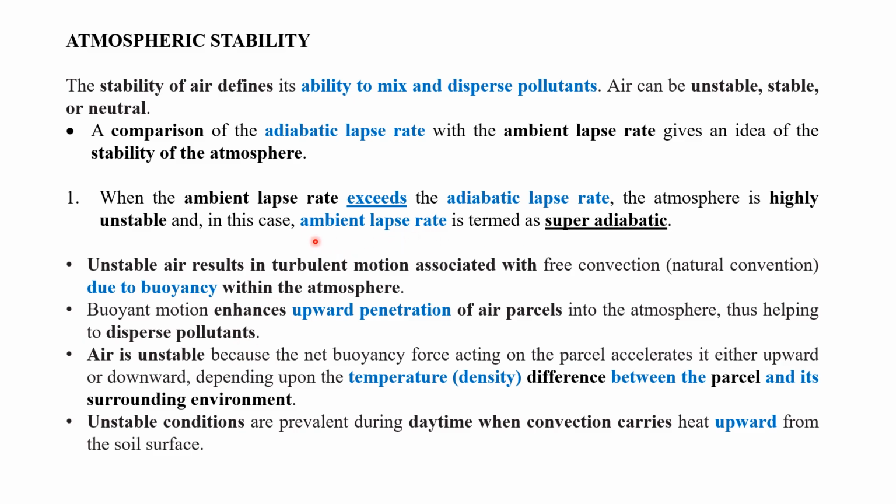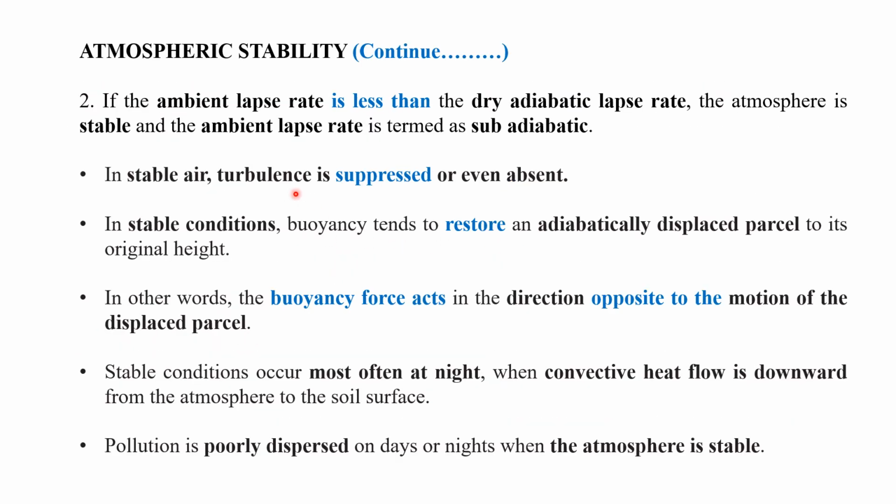Now we can see the next point under atmospheric stability: when the atmosphere is stable. The difference between the ambient lapse rate and the adiabatic lapse rate is the reason for the stability of the atmosphere.